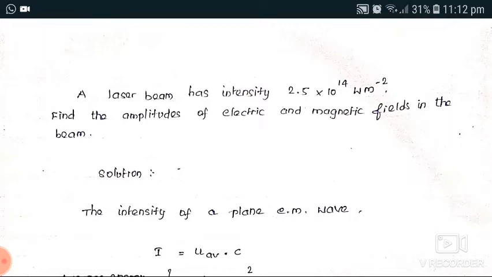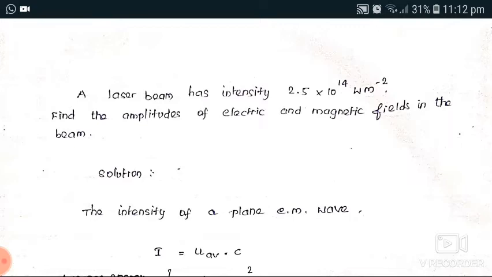So they are given one laser beam, and that laser beam has some intensity. From that intensity they are asking us to find the amplitudes of the electric and magnetic field in that laser beam.